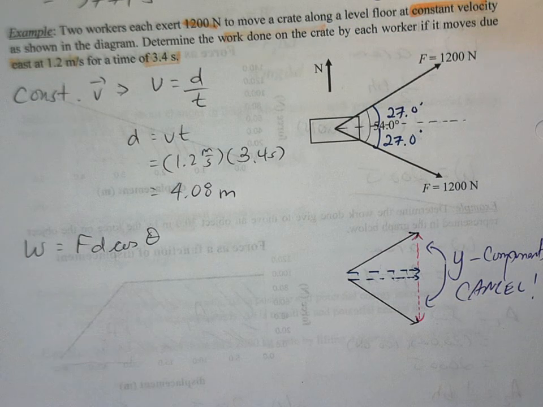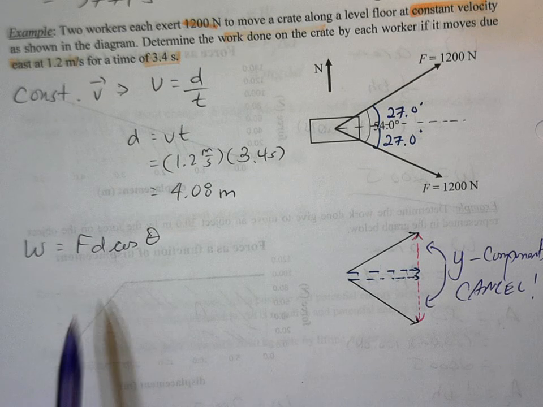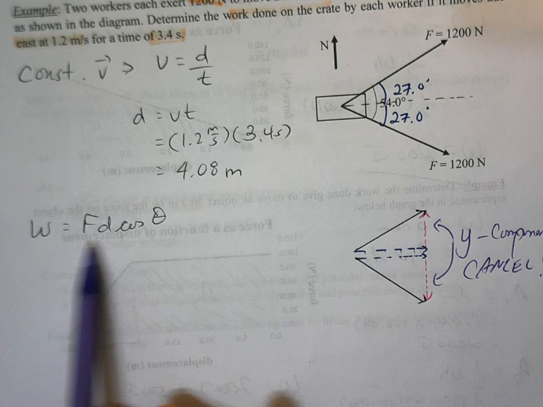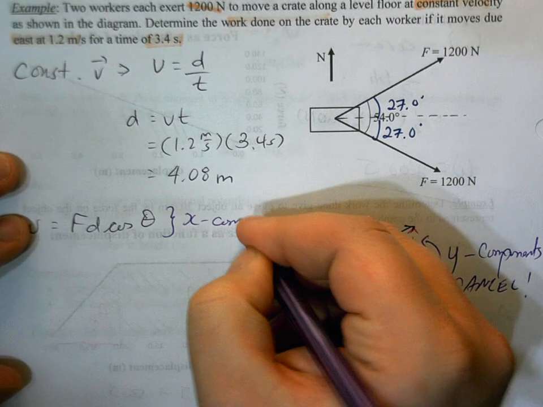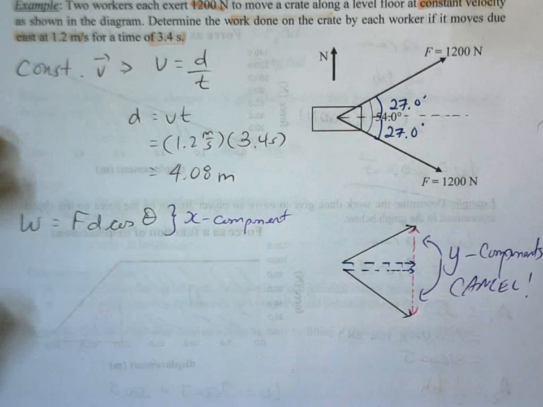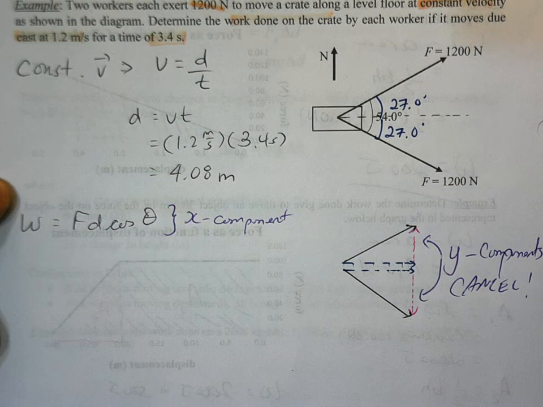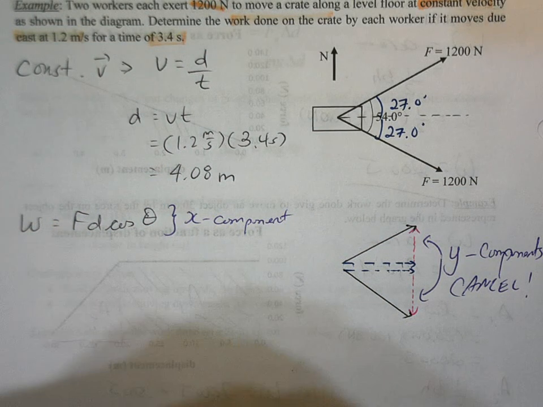Once we know the component of the force in the x direction, that pretty much makes our life a lot easier. And that's what this equation here is for. This Fd cos theta gives the x component, or rather the component of the force along the line of the displacement, because the displacement is in the x direction.